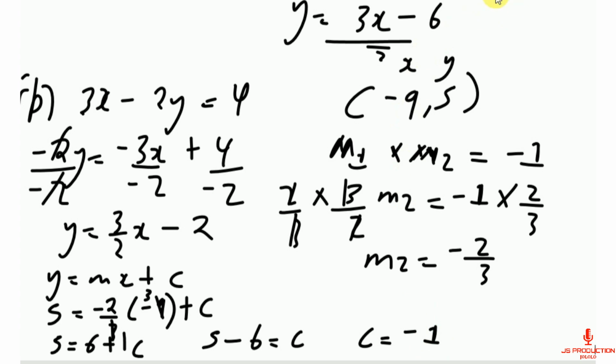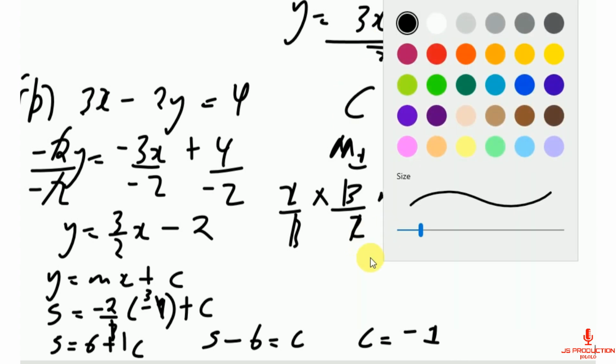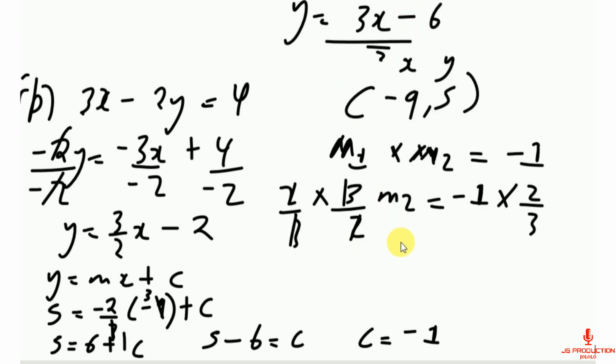Let us just erase something here so that we can write down our final answer. Since we know the y-intercept, we can say y is equal to mx plus c.